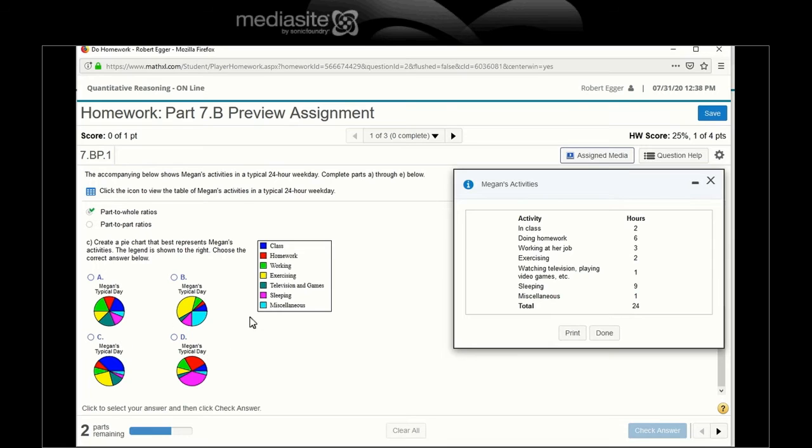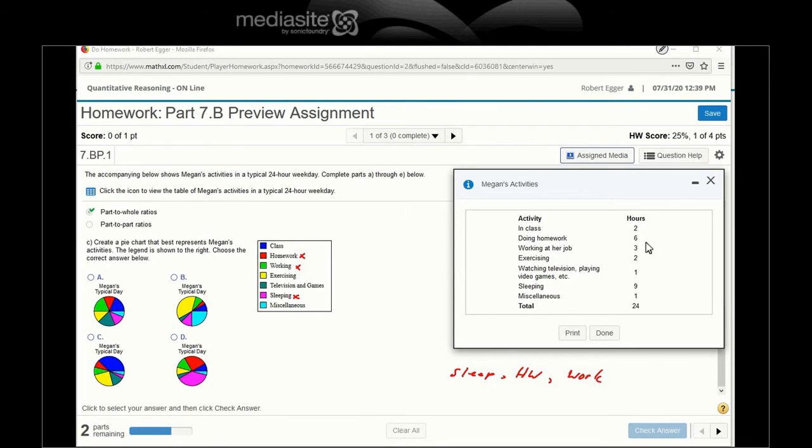Now it says to create a pie chart of a typical day. Oh my, I'm going to go create one. But let's see if we can do some elimination. Sleeping is 9, so sleeping should be the biggest one, followed by homework, then work.